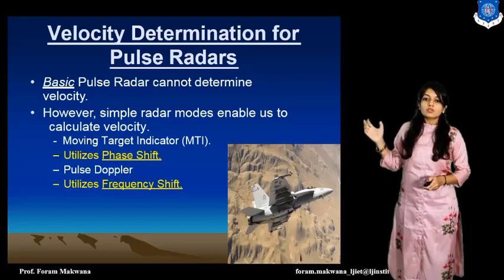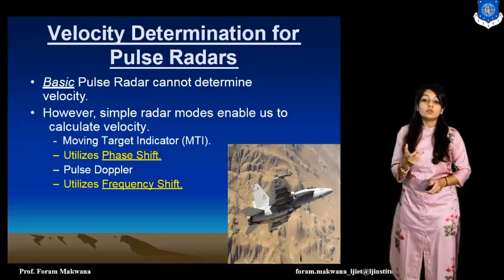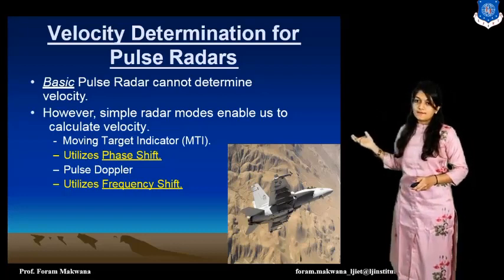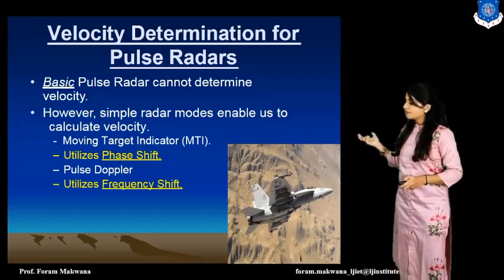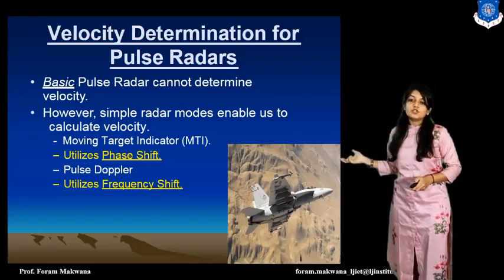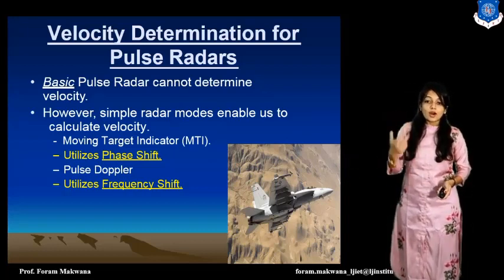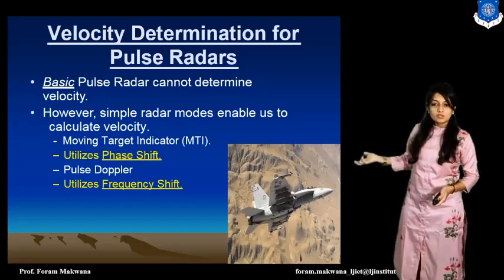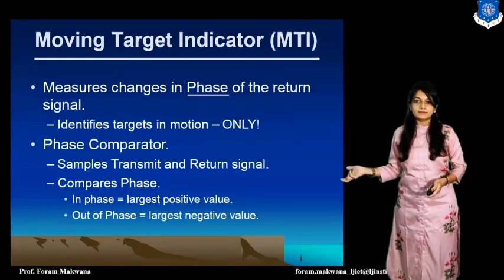The radar modes which enable us to calculate the velocity are MTI, which utilizes a phase shift, and the pulse Doppler radar, which utilizes the frequency shift. So how the phase shift occurs in MTI and how the frequency shift occurs in the pulse Doppler radar, that we are going to study.